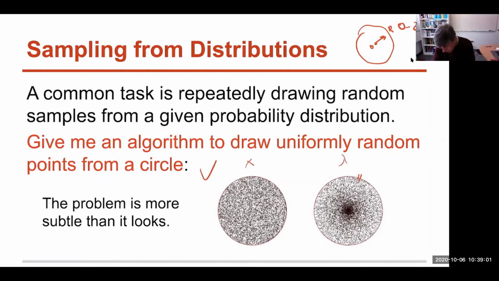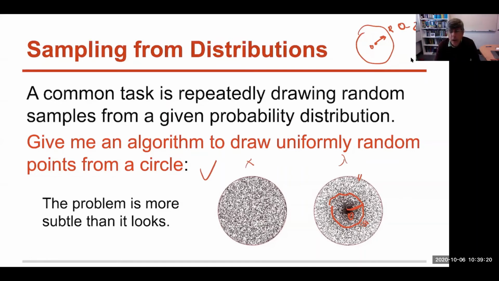What fraction of the points are going to be in a radius from 0 to 0.5? If we think about it, the radius goes between 0 and 1.